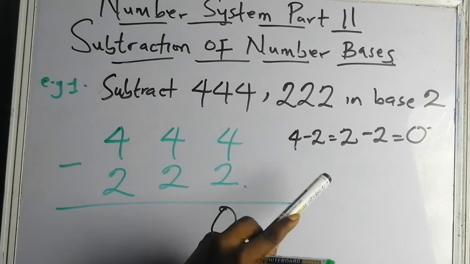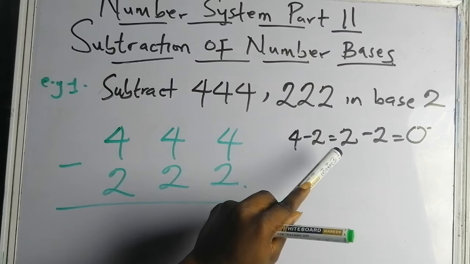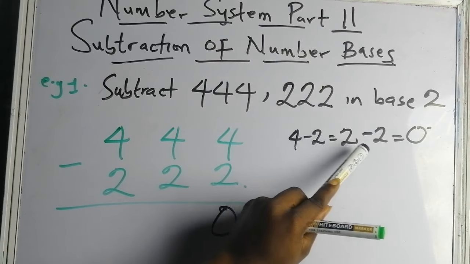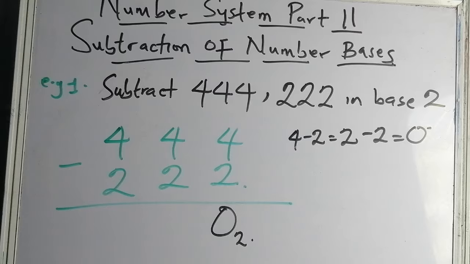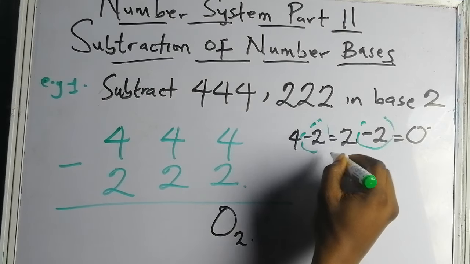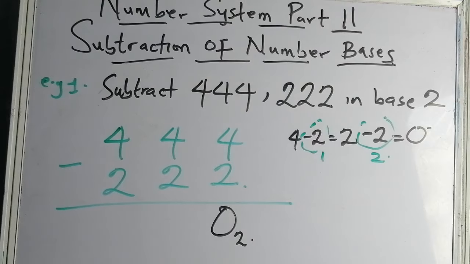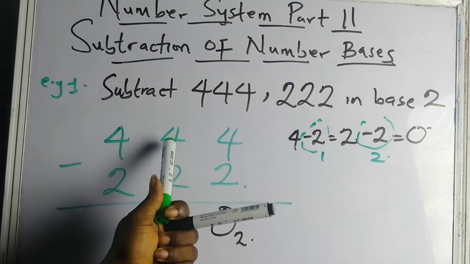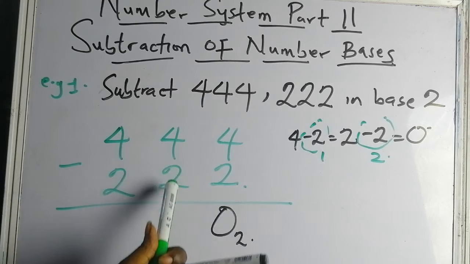So now, how many times can I subtract 2 from 4? That is 2 times, 1, 2. I'm trying to simplify this so that you can understand what I'm trying to say. It's 2 times, so you can subtract it. So you take that 2 to the next one, which is the tens column.